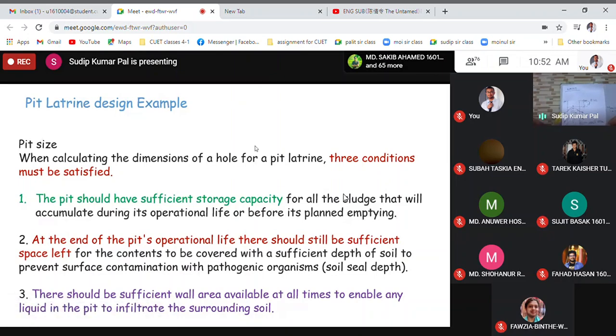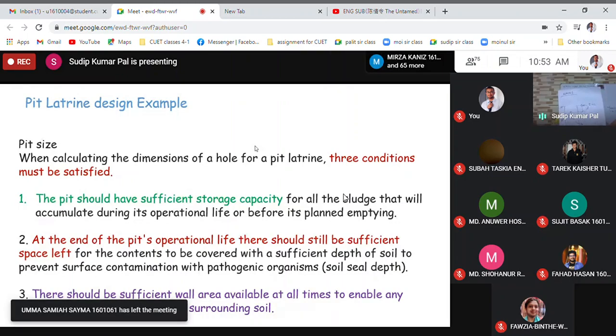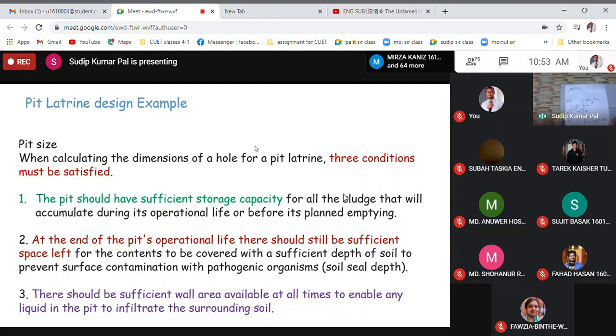But in some cases where there is a chance of groundwater pollution, when the tube well is very close to the pit, sometimes we put in some lining material. That lining material works in two ways. It protects the vertical wall, and it also reduces infiltration of pollutants that could contaminate the groundwater. So it can be a protective layer. That is number 3. When you design a pit, you have to keep in mind that these 3 things must be satisfied.